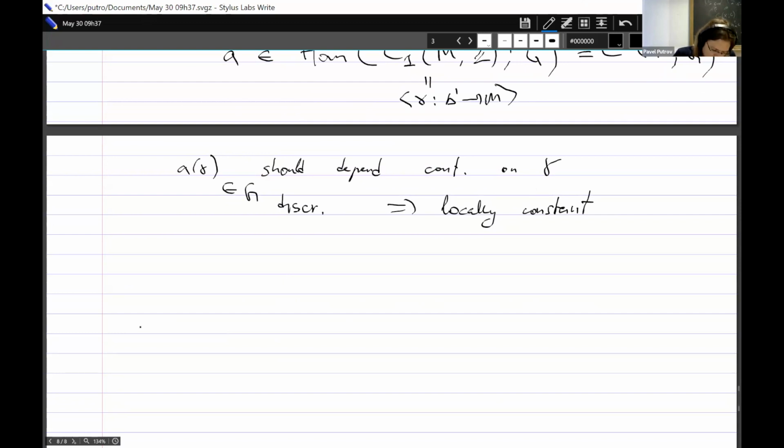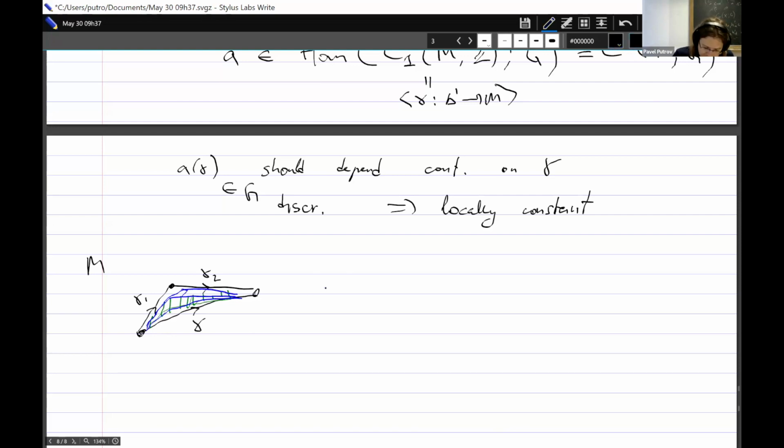And then if you consider a triangle inside M, which is formed by gamma 1, gamma 2, and let's say gamma, it's clear that we can relate this gamma to the composition of gamma 1 and gamma 2 by continuous deformation.